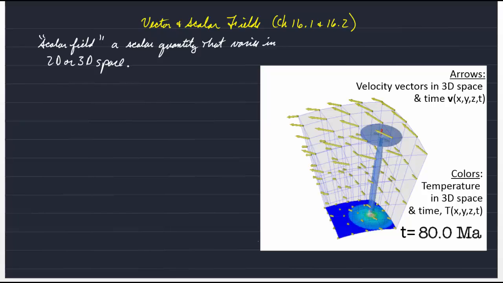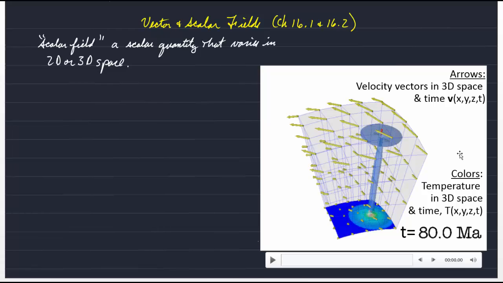In the example given here, the scalar field was temperature, and it of course varied in 3D space, and in fact it varied in a fourth dimension if you consider time as a dimension.